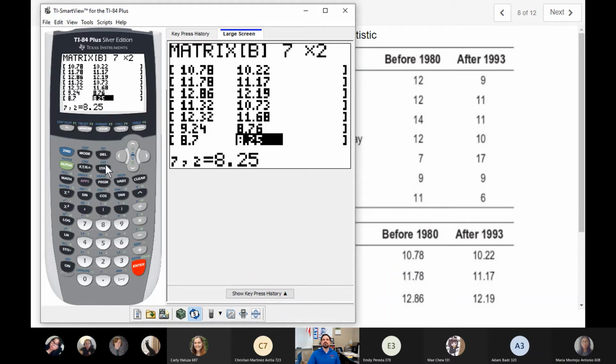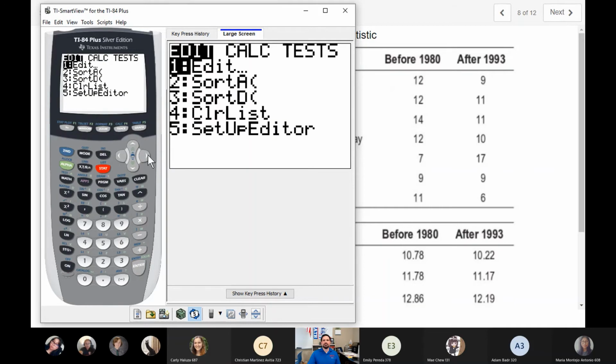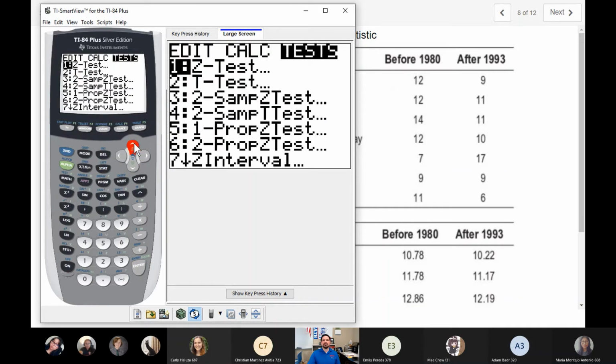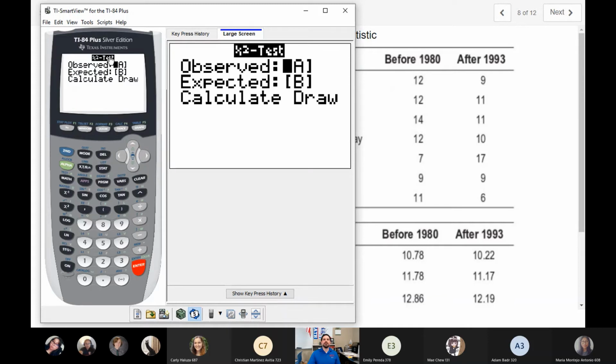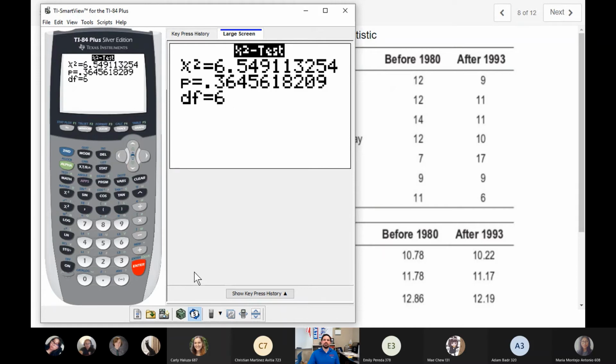Next, we'll go to stat. Click over to tests. We'll go to chi-square test, which is option C. Hit enter. The calculator has defaulted to have observed for matrix A, expected for matrix B. And we will calculate.